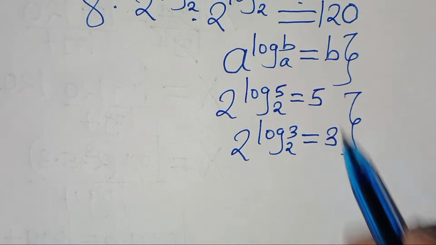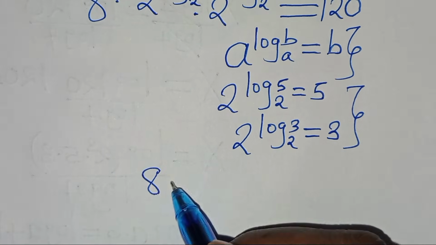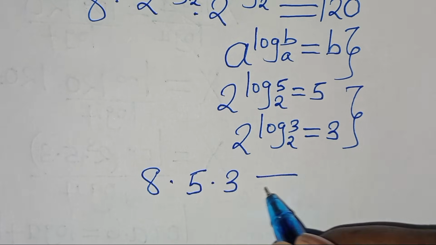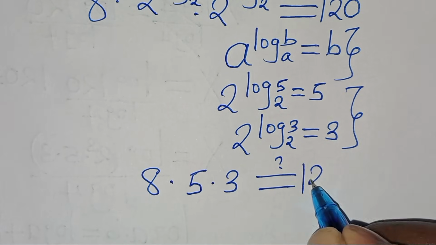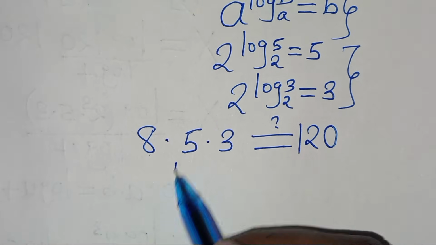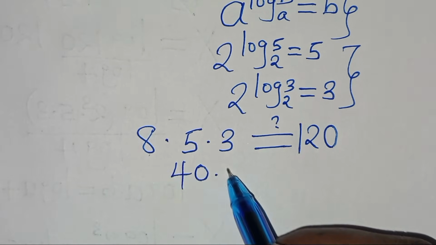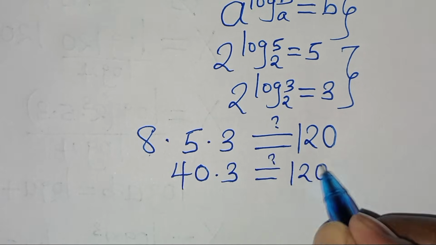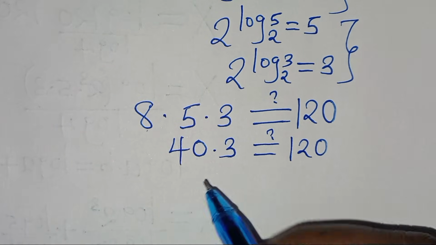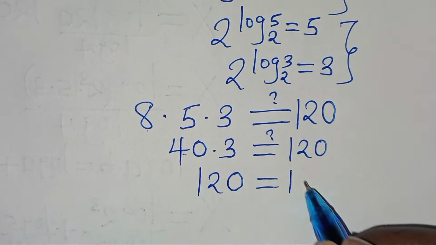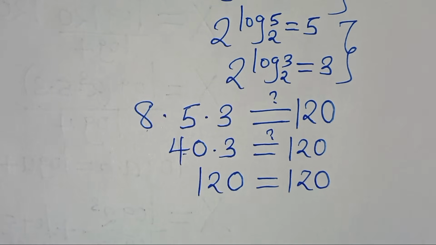So let's substitute 5 and 3 so that we have 8 multiplied by 5 multiplied by 3. This should give us a value of 120. So 8 times 5 is 40, times 3. 40 times 3 is 120, which is equal to 120.